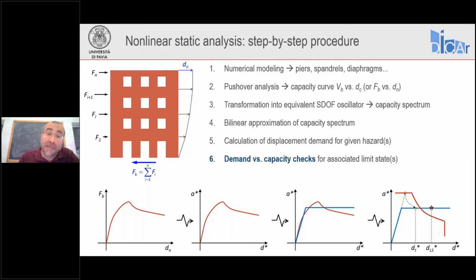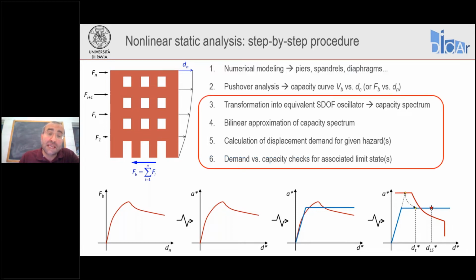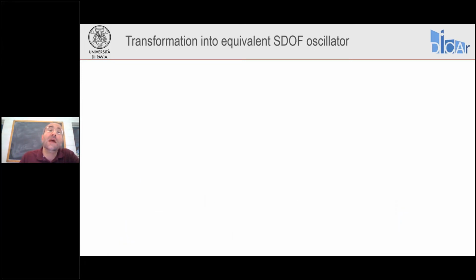Finally, we need to compare this calculated displacement demand against the displacement capacity associated with specific limit states corresponding to the hazard that we are considering. So today we will focus on these 4 steps, 3 through 6. And let's begin then with the transformation of the capacity curve into the capacity spectrum of our single degree of freedom oscillator.